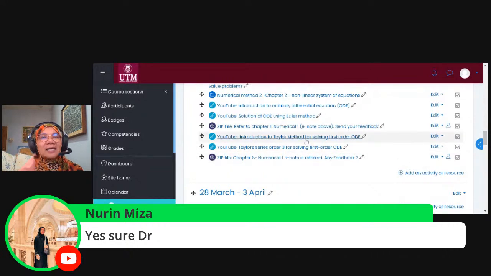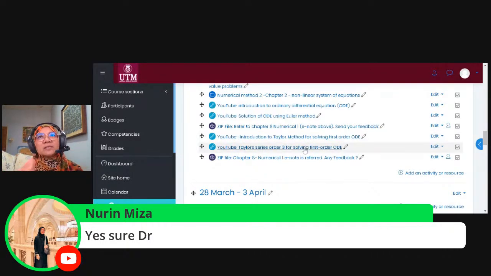Towards the end, I continue with the next method we call the Taylor method. Taylor methods are of higher degree for the derivative equation. So in this case, I solve the Taylor series using the same ordinary differential equation question. Please visit the e-books that I sent to you.